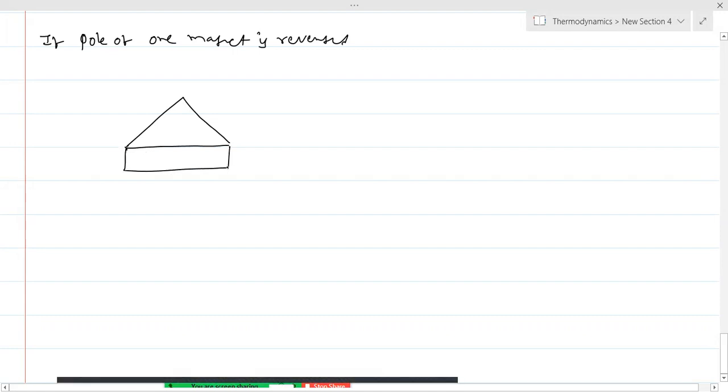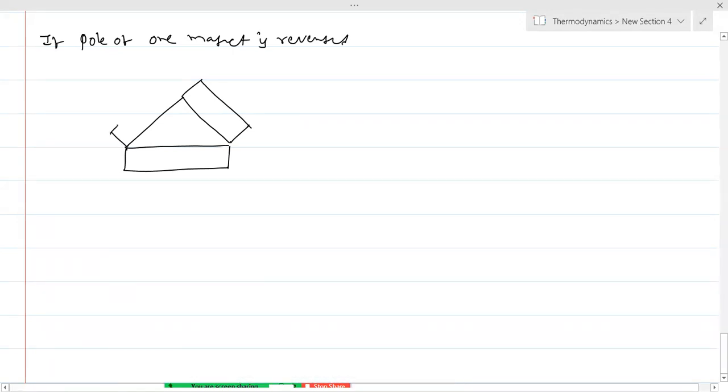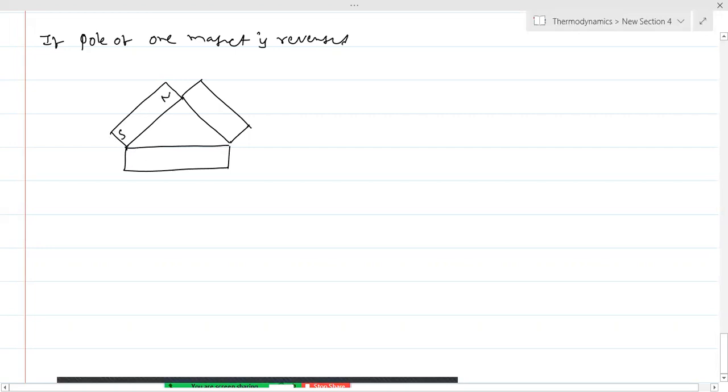So this is one magnet and this is another magnet. So here we are changing the poles. This is N and S, and this is N and S.